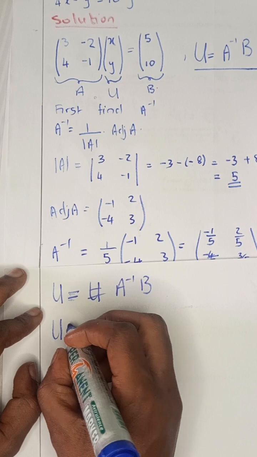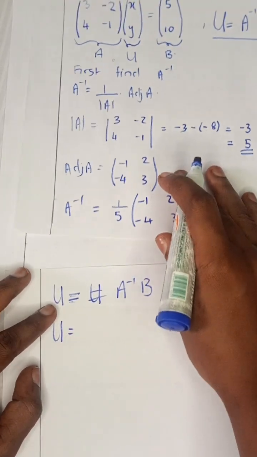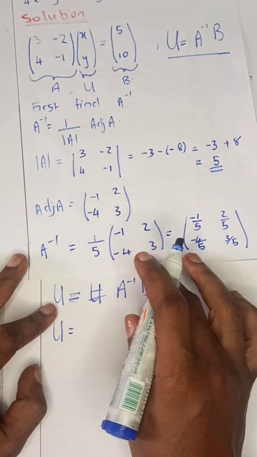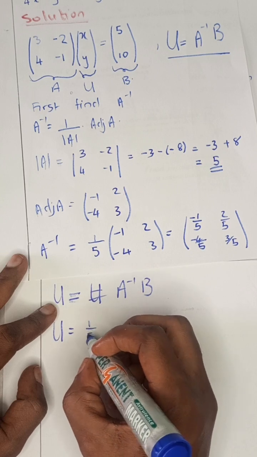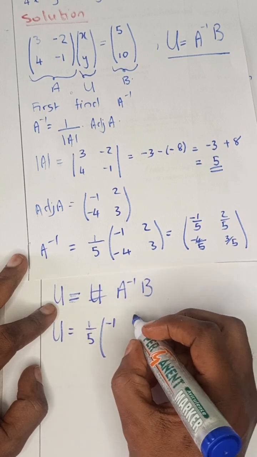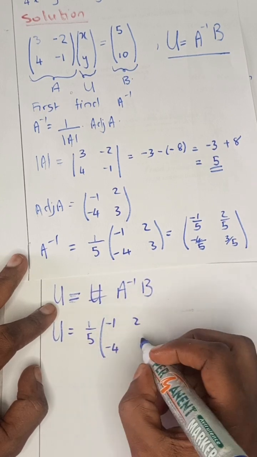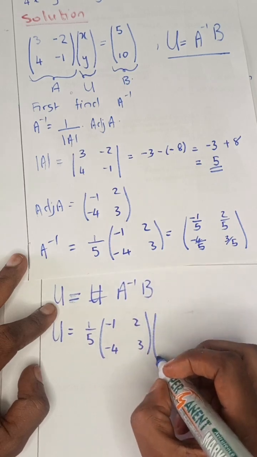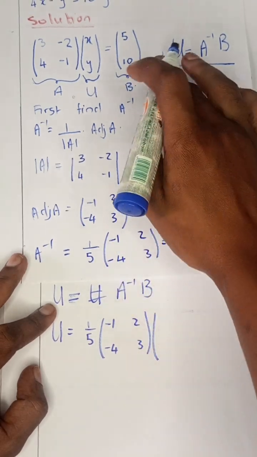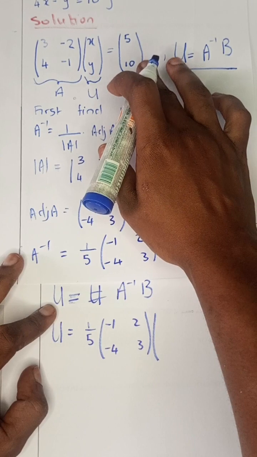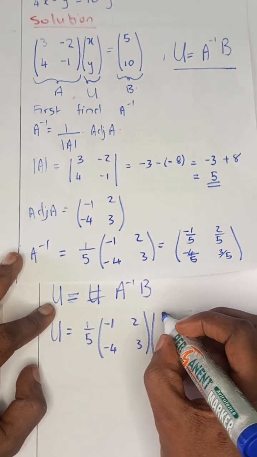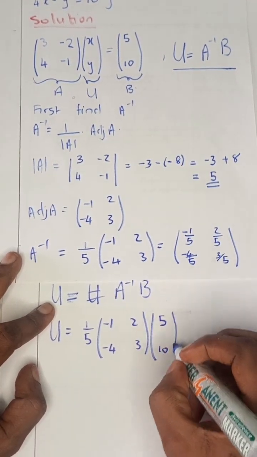We are going to have our matrix U to be equal to A inverse. I'll take the first form where I'll leave the factor outside. -1, 2, -4, 3, times our matrix B. Our matrix B, we said, was the right-hand side of our system. So that would be 5 and 10.